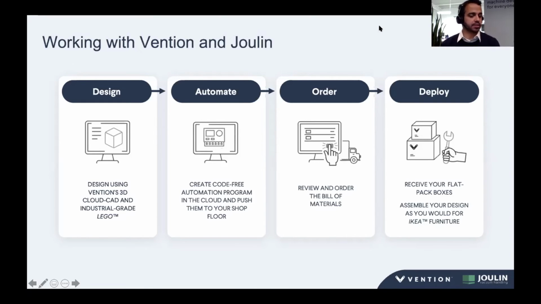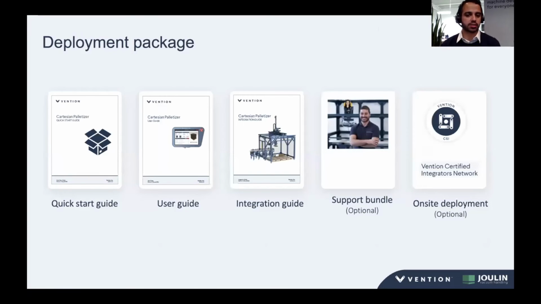And then finally, let's go into a bit more detail on what it might look like deploying a machine like this with Vention. Right. So with each machine like this, essentially you get what we call a deployment package, right? And there's a few different options that we'll talk about, but basically at its core, what you would get, no matter what, is those first three on the left there. So the quick start guide, a user guide, and an integration guide. So the quick start guide is, hey, I've received my palletizer, I'm opening it up.